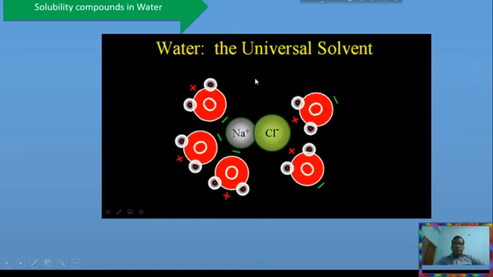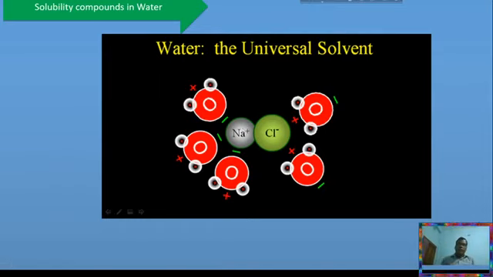So dear students, this is sodium chloride. If we add sodium chloride to water, what will happen here? Sodium and chlorine, these positive and negative charges are attached to each other by electrostatic force.